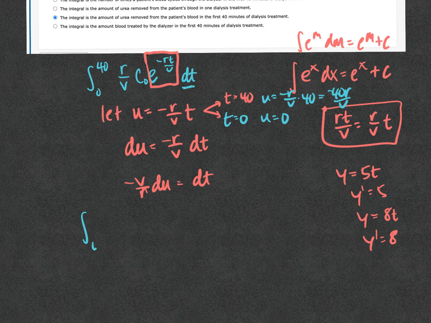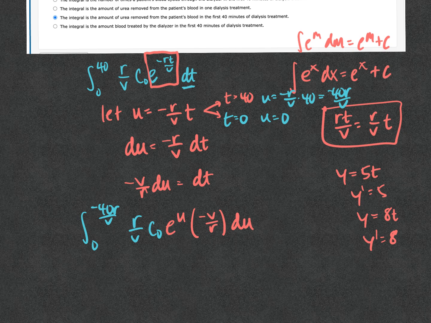So our bounds become 0 to negative 40R over V. And then we keep the R over V C sub 0. And here we're going to have e to the u. And in place of dt, we're putting negative V over R du.